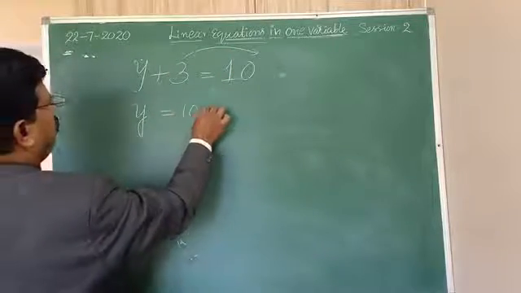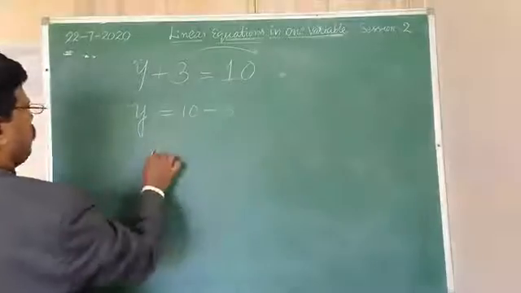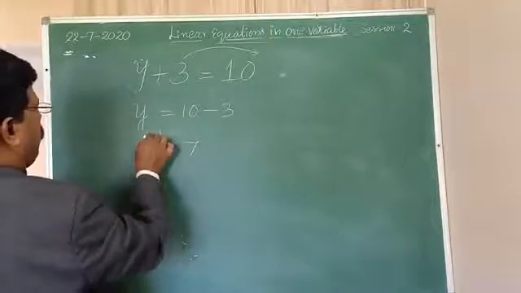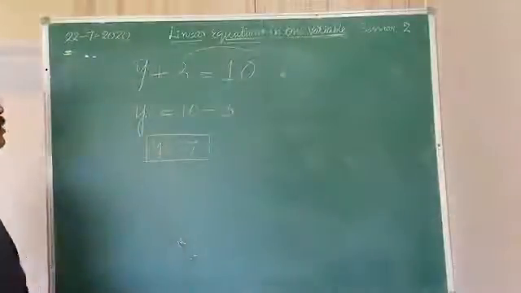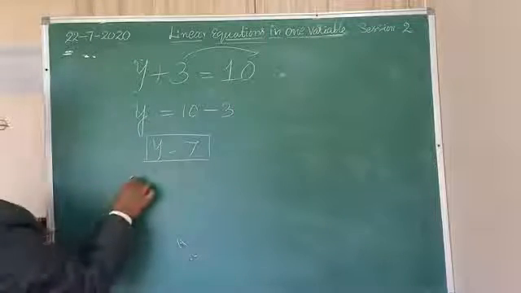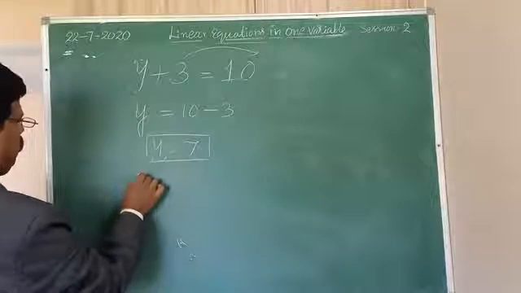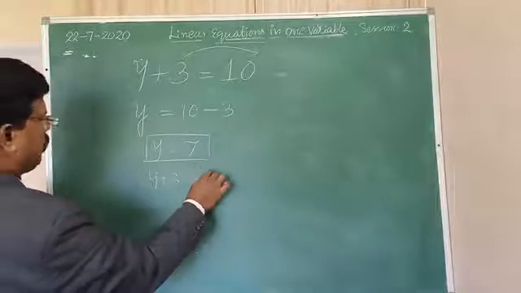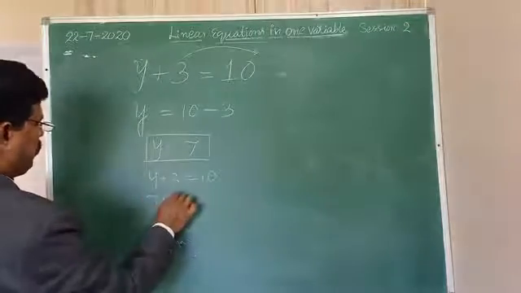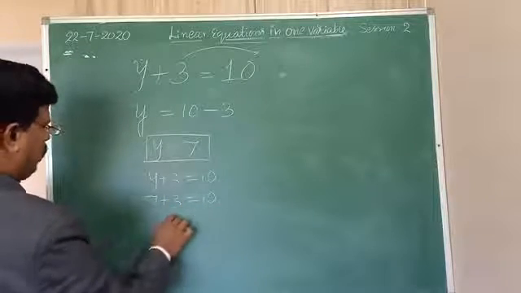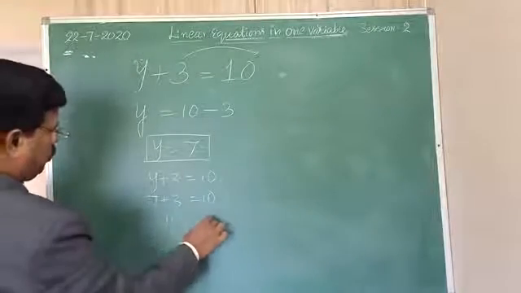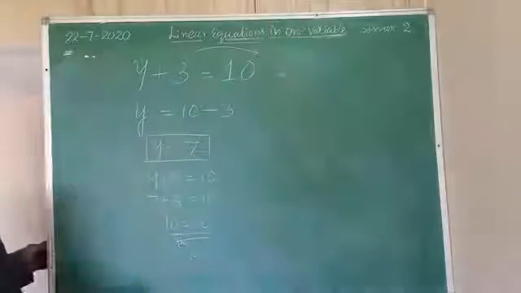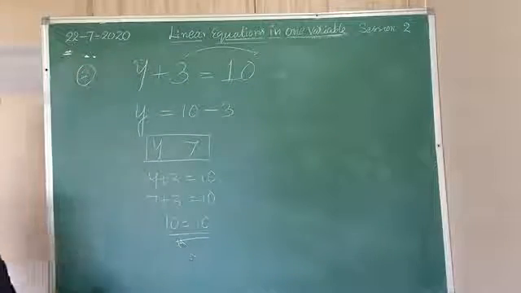So 10 minus 3. So y is equal to 7. Then verification, y plus 3 equals 10. 7 plus 3 is equal to 10. 10 is equal to 10. So this is the second one.